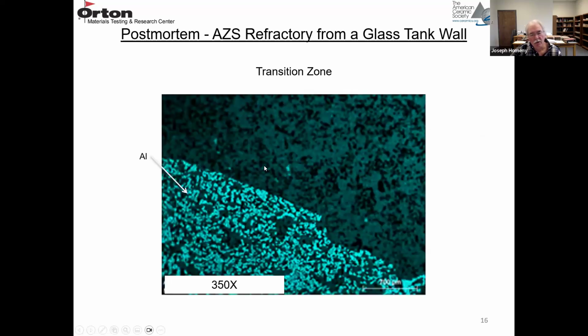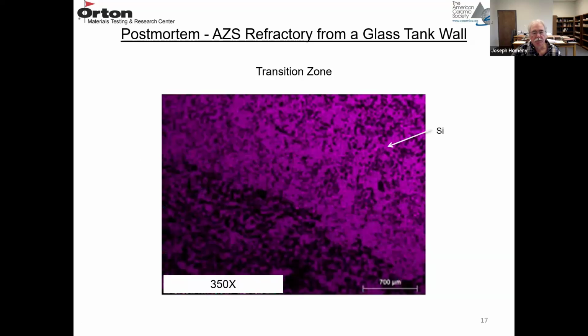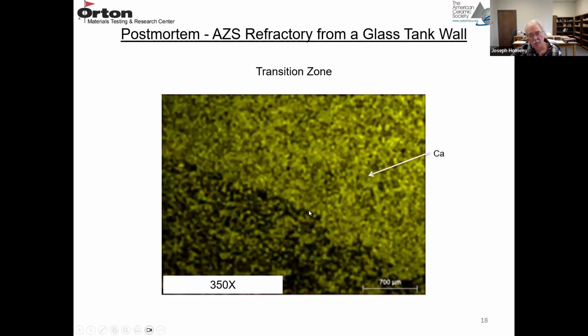So if you map Al, you can see the distinct interface here. These are in this turquoise color, the alumina crystals. And then alumina now is this lighter turquoise color, but it's in the glassy matrix. You can see where the silicon infiltration stopped. So the purple is Si. And also the calcium infiltrated up to this interface. So it's calcium rich here, silicon rich, which is what you'd expect.